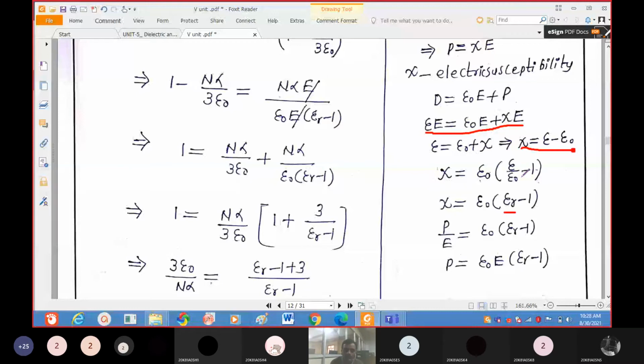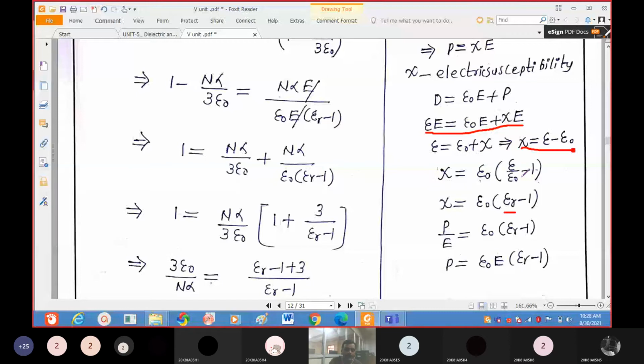Therefore n alpha by 3 epsilon naught equals epsilon r minus 1 by epsilon r plus 2. This relation we call the Clausius-Mossotti equation.